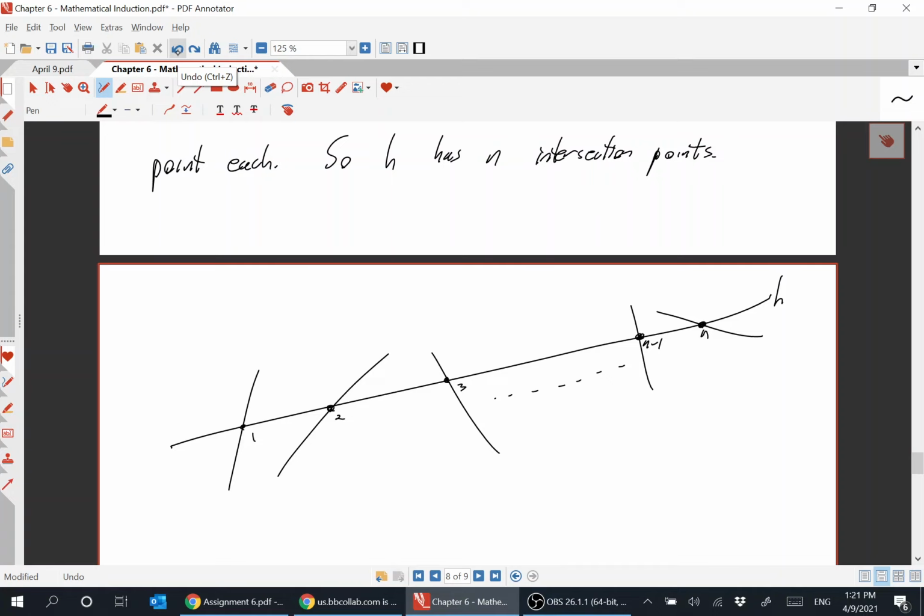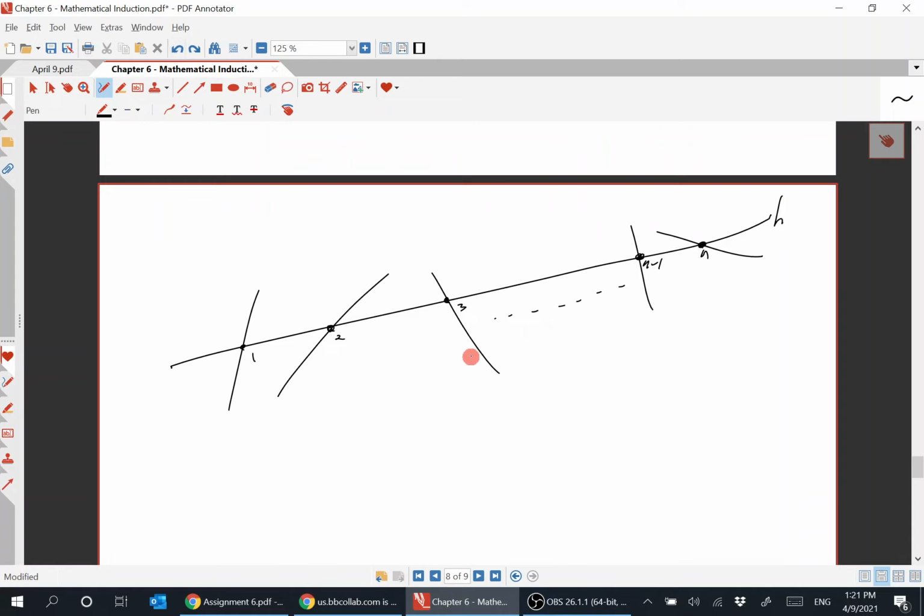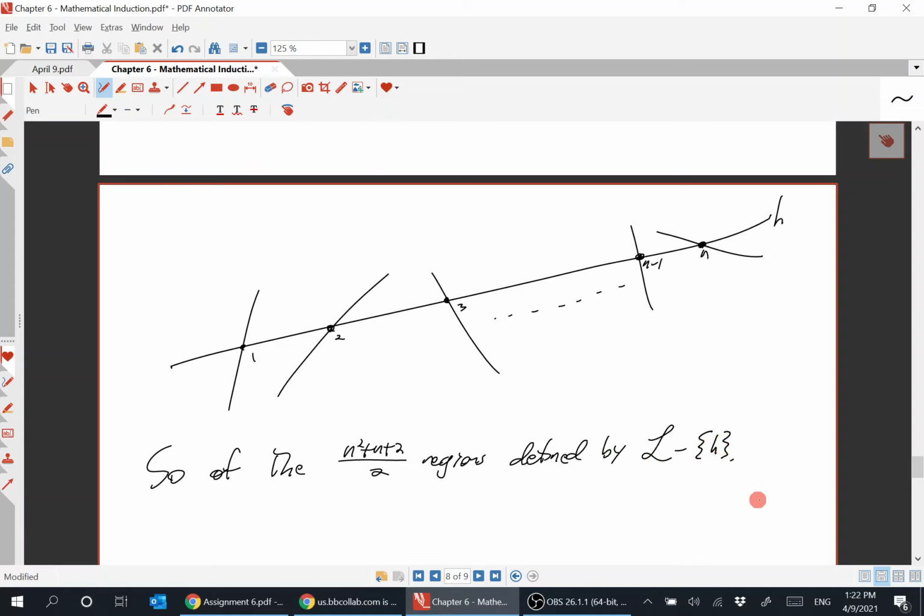So what's H doing? How many regions? Of the n squared plus n plus 2 over 2 regions defined by L minus H, the line H passes through how many of them?